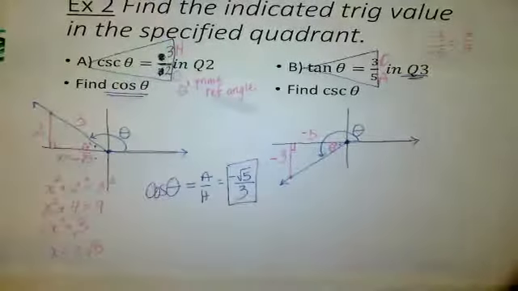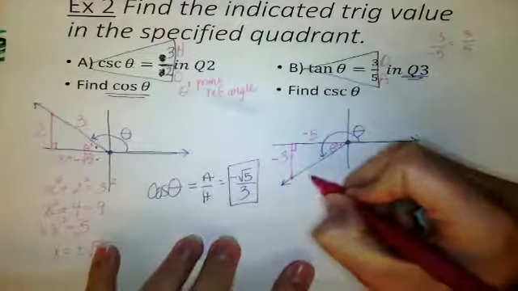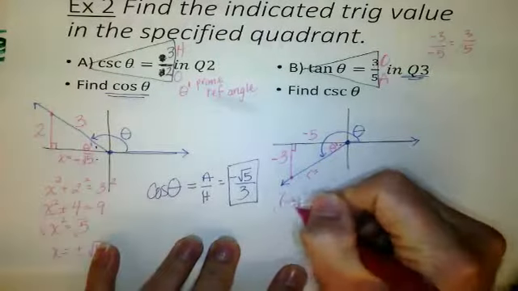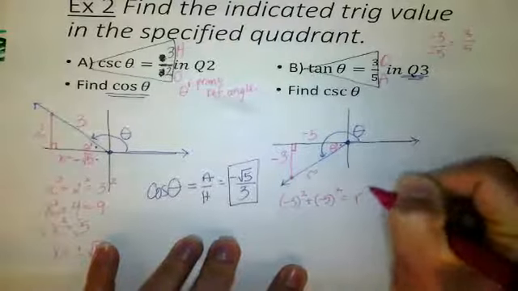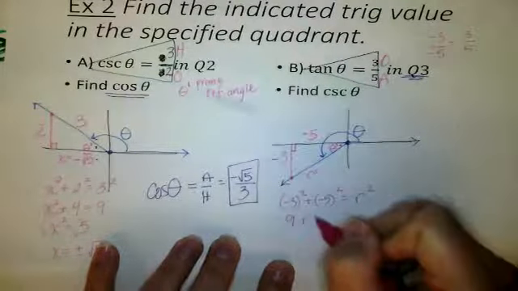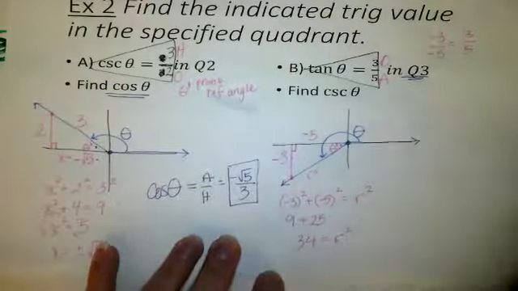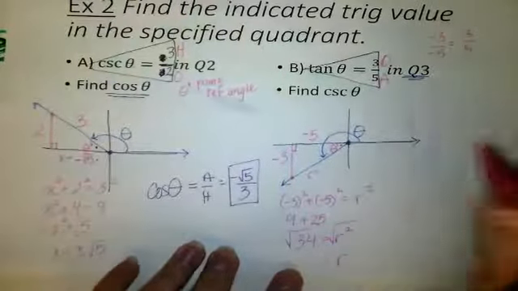All right. So again, I want to find the hypotenuse here. I'm going to call it R. Make sure you do this carefully. So leg squared plus leg squared equals radius squared. That's going to be 9 plus 25, which is 34, equals the radius squared. Now, again, we would take a square root and we get plus or minus, but here's the one thing.